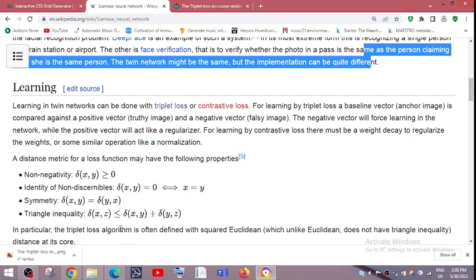For three points x, y and z, the function of x and z is less than or equal to the function of x and y plus the function of y and z.